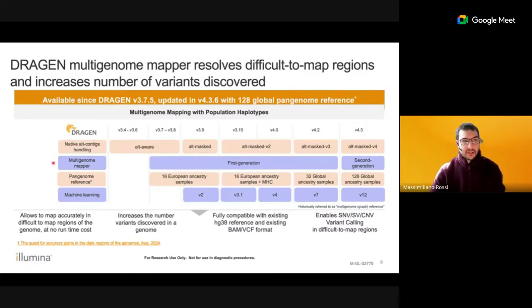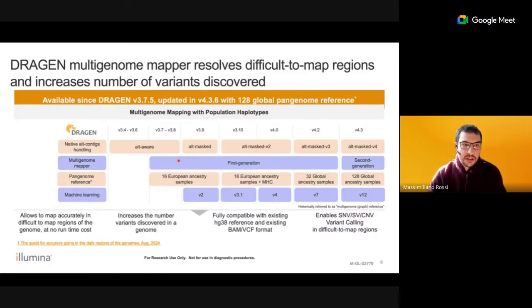By multi-genome mapper, what we mean is the method that's used to map and align reads to the reference. And for pan-genome reference, what we refer to is the collection of samples that are used to augment the reference to improve mapping accuracy.